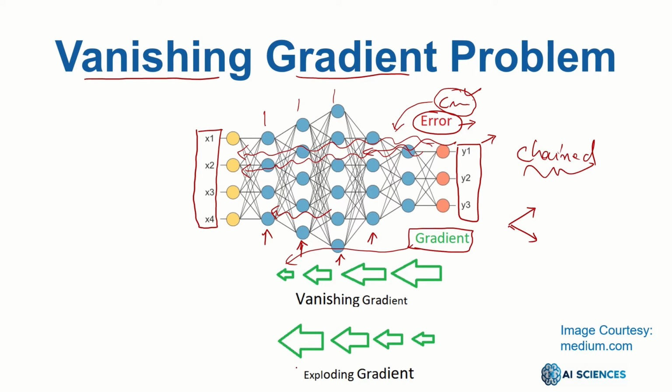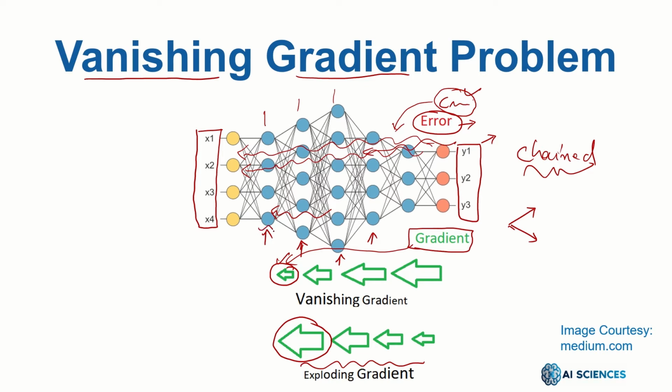Or the reverse way, if you have a lot of numbers in the product and all or most of the numbers are really big, then the product is expected to be really big. What happens is either the gradient becomes very small or it becomes very, very large. In the case of small gradient, the training actually doesn't happen.